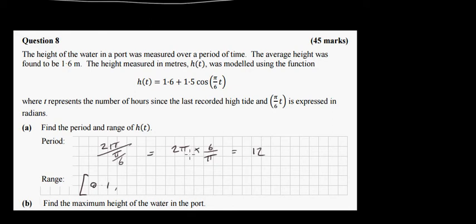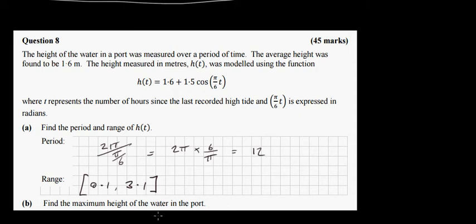Now, the upper peak y-coordinate, if you like, would have been at 1.5. We've got to add 1.6 to it, so that will give us 3.1. So this is our range for this particular function here, 0.1 to 3.1.